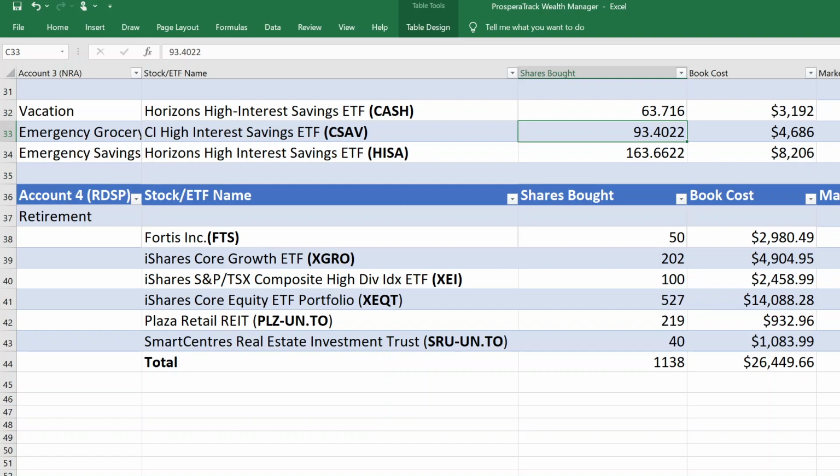Xgrow is another one that I invested in earlier on in my investment journey.